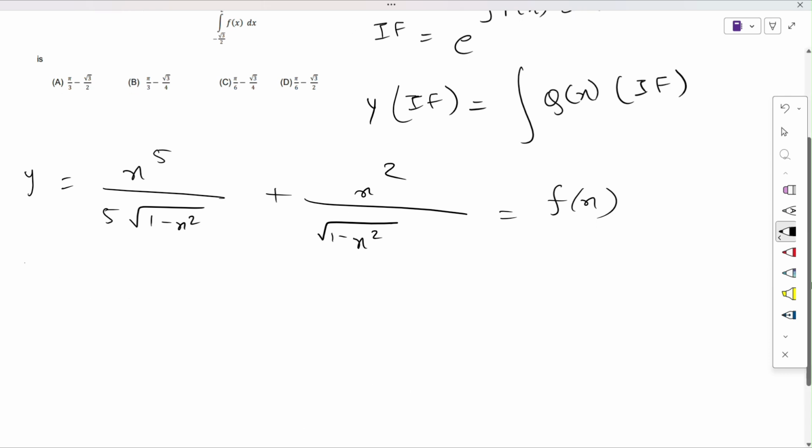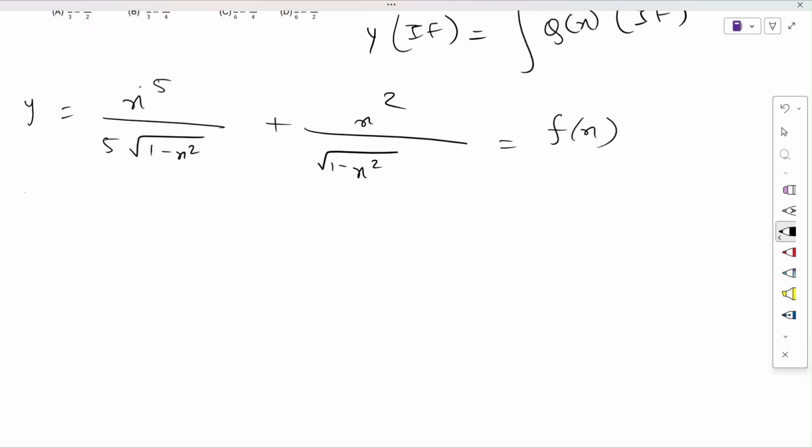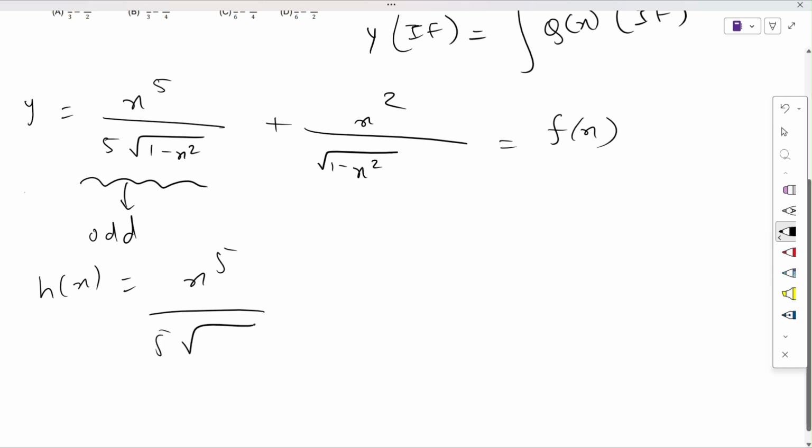Now let us try to integrate our function. We have to integrate both these terms. This first term is an odd function. Now how to check that? Suppose this is the function h of x, which is x raised to 5 upon 5 times root 1 minus x square. For a function to be odd, h of minus x should be minus of h of x.